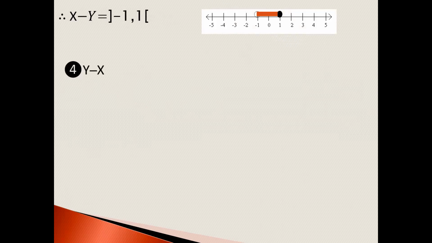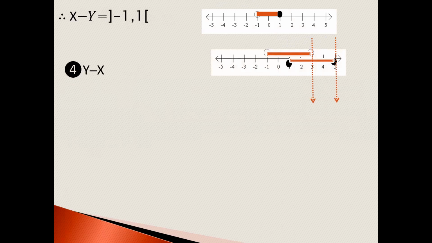Here I want y difference x. What's the meaning of y difference x? It is the numbers included in y but not included in x. We have here a number line of x and a number line of y. The numbers included in y but not included in x go from 3 to 5. 3 is not included in x, so I'll take it in y.